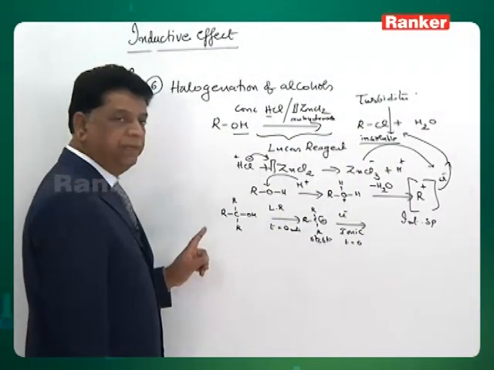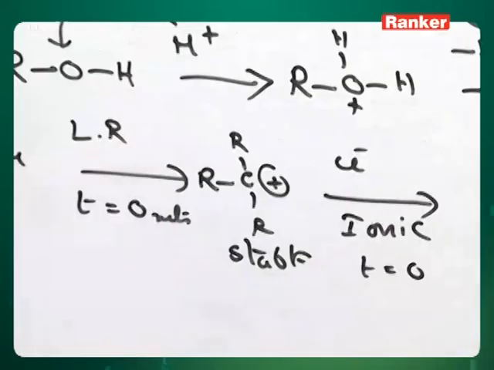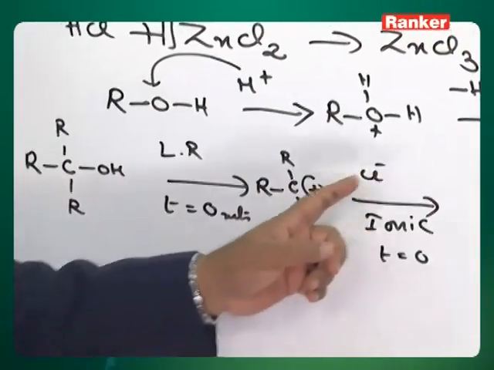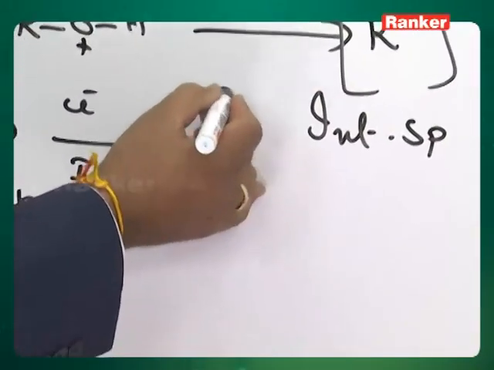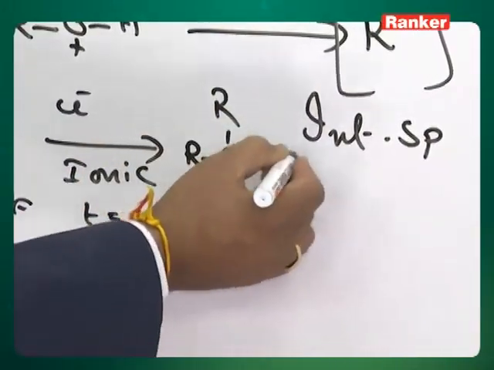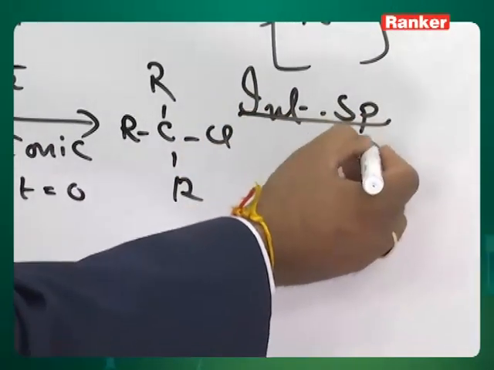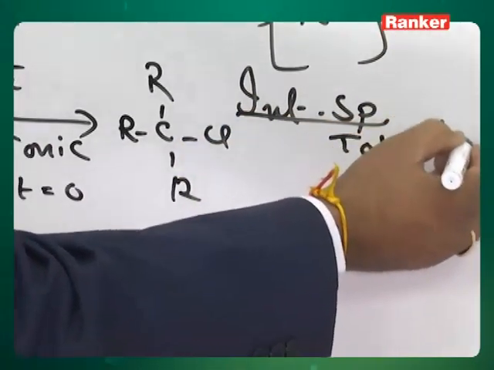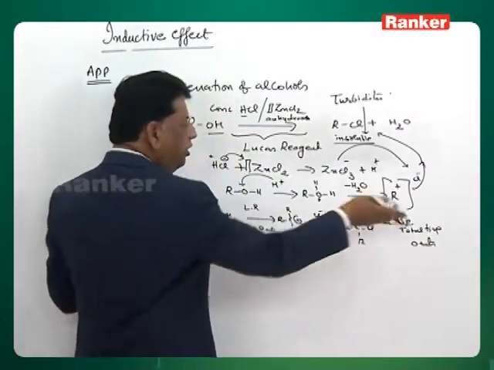So, step 1 is 0 minutes because the carbocation is stable. Step 2 is 0 minutes because it is an ionic reaction. Finally, tertiary alkyl chloride is formed. The total time required is also 0 minutes, because 0 plus 0 is 0.